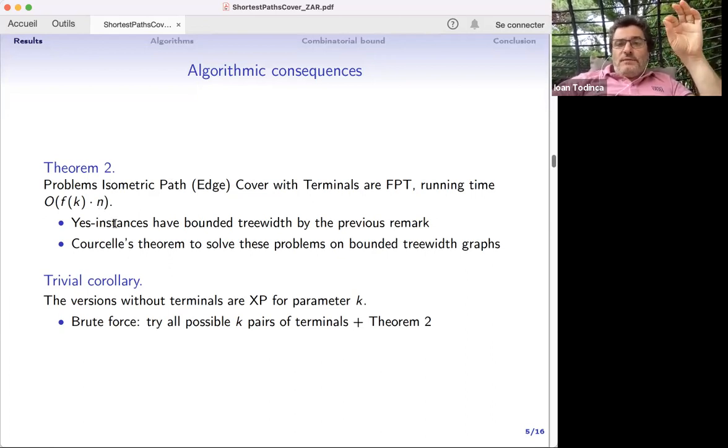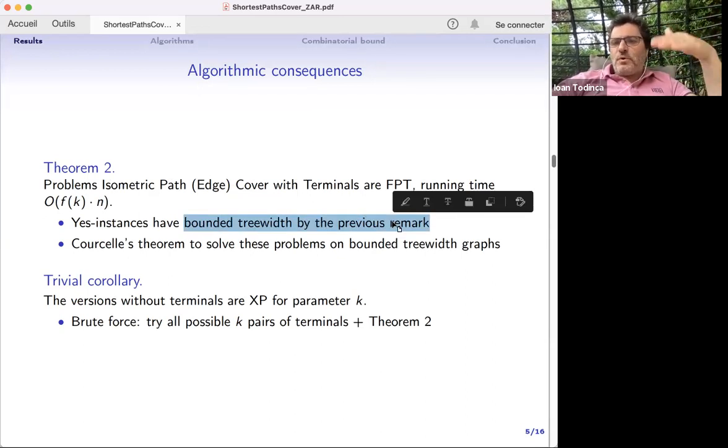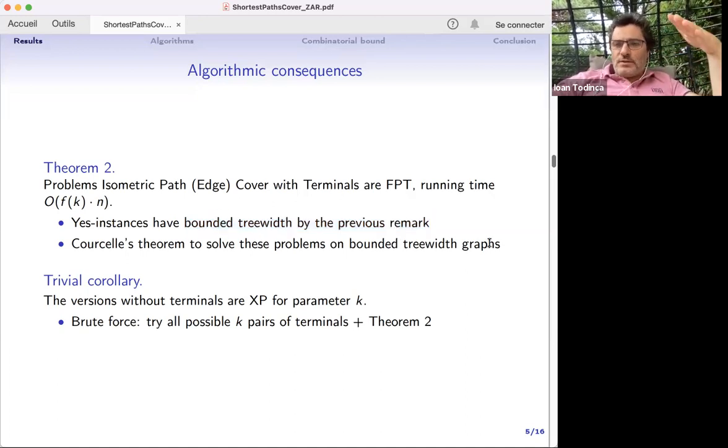As I said, if I have a yes instance, it must have a path decomposition of small width. I just do the BFS and I check if the number of vertices in a layer exceeds my prediction, then it's a no instance. If not, I know that I have this path decomposition, tree decomposition, whatever, and then I will use this machinery of Courcelle that I will describe in a word in a minute.